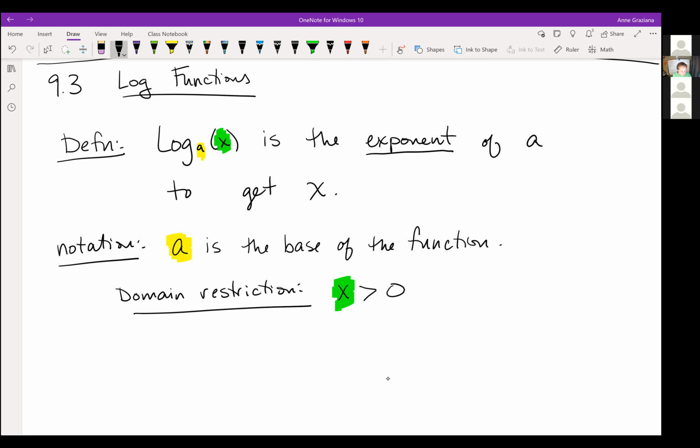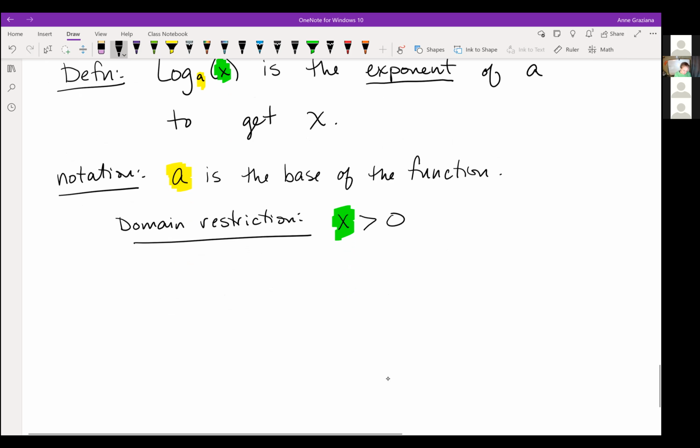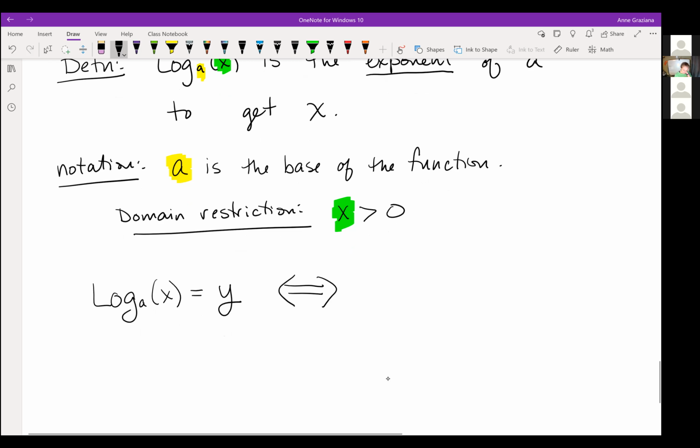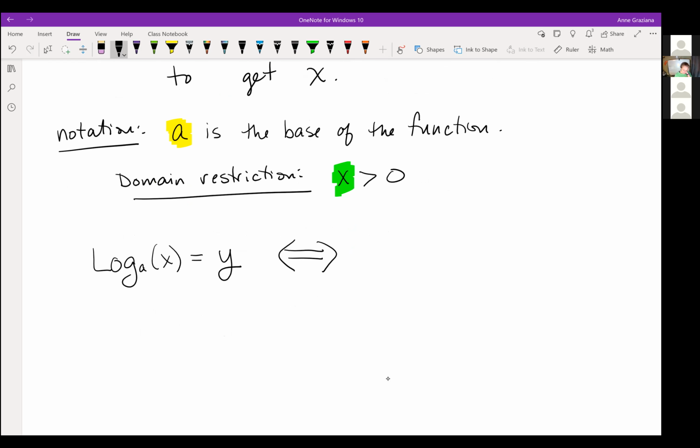Now, another way of seeing this, I'm going to give you guys this too. Log base a of x, if we say this is equal to a number y, that is the same as, if and only if, meaning both directions are true, another way of saying this.